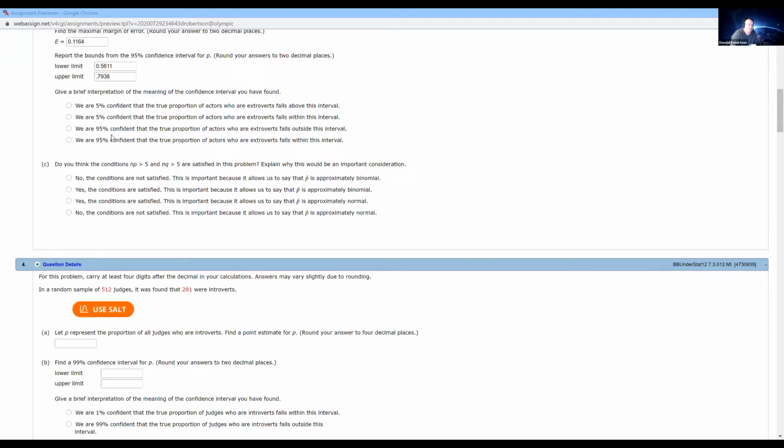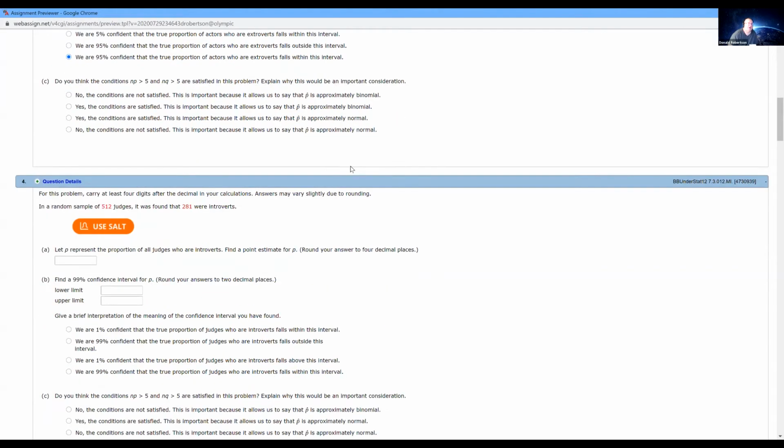We are 95% confident that the true proportion of actors who are extroverts fall outside that interval. Now that's the back to front, isn't it? Would you agree it's the last one? We are 95% confident that the true proportion of actors who are extroverts fall within this interval. In other words, they're inside that interval. Cool?